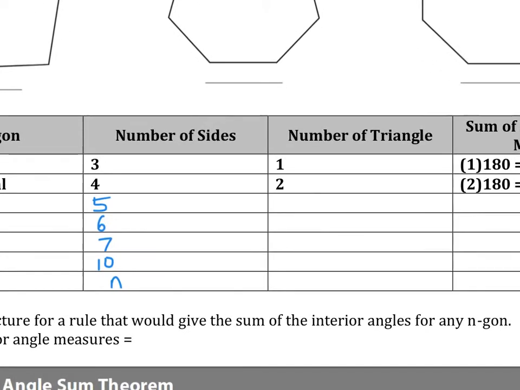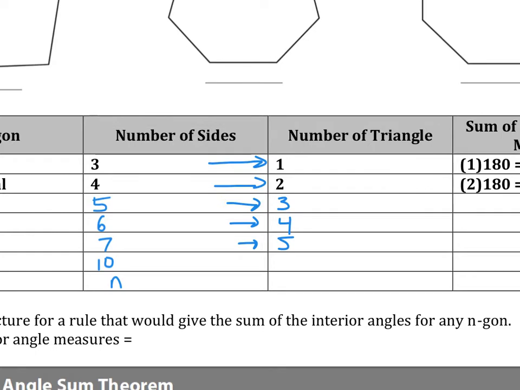And if you notice the pattern here, if we had 3 sides, we had 1 triangle. 4 sides meant 2 triangles. So 5 sides would be 3. 6 would be 4. 7 would be 5. What's happening between the number of sides and the triangles?